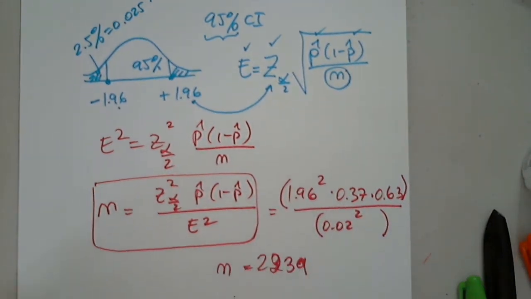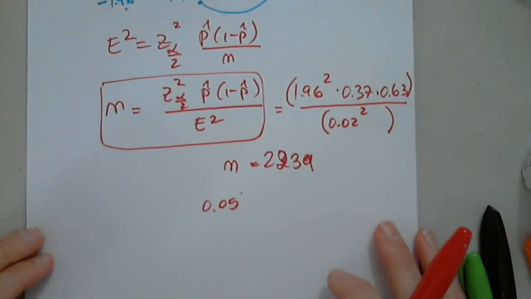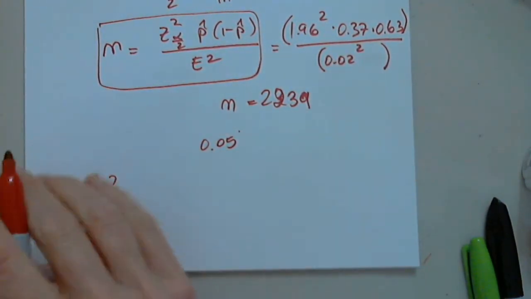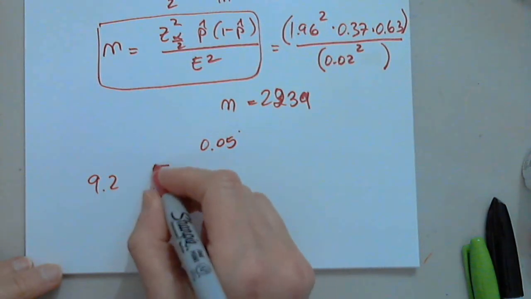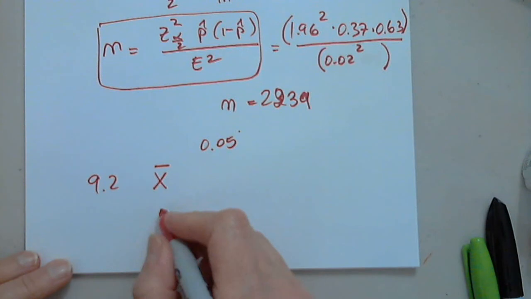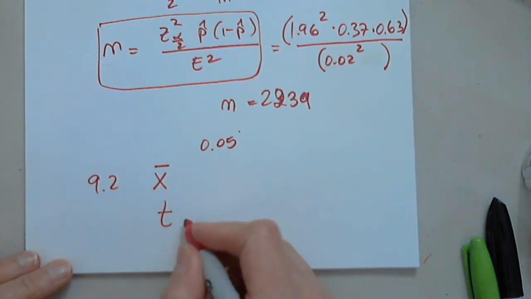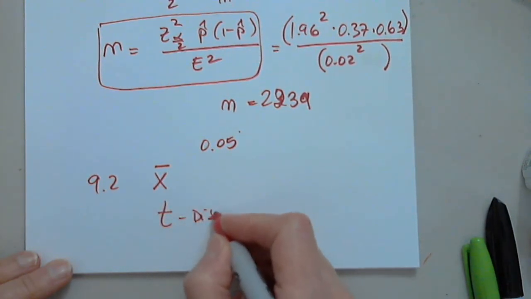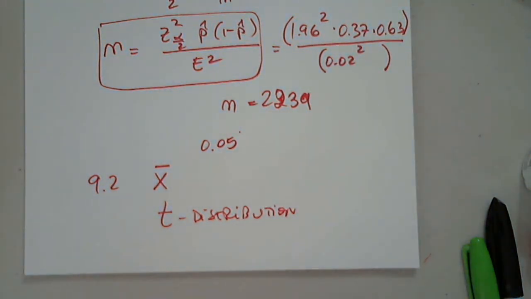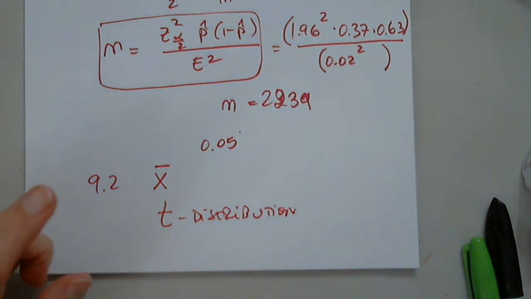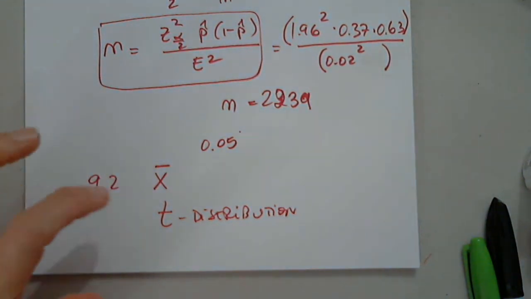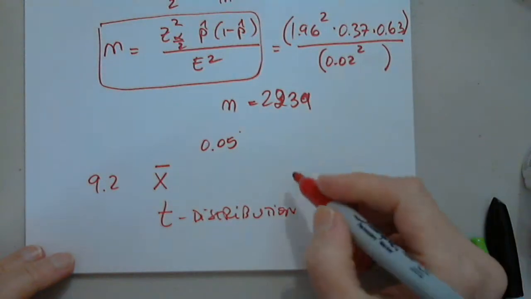Are we all ready then to continue with 9.2? Point estimate, so 9.2. This is the same as what we did, but with x bar. And we are going to talk about something called the t distribution. We're going to find the sample size, the point estimate, and the interval estimation of the parameter mu.